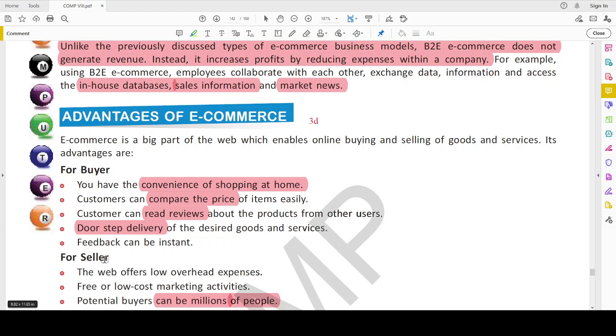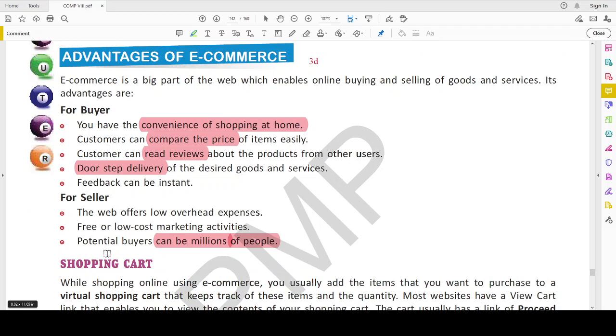Now what about the sellers? Sellers also get the advantages of e-commerce. What are they? The web offers low overhead expenses, free or low marketing activities.